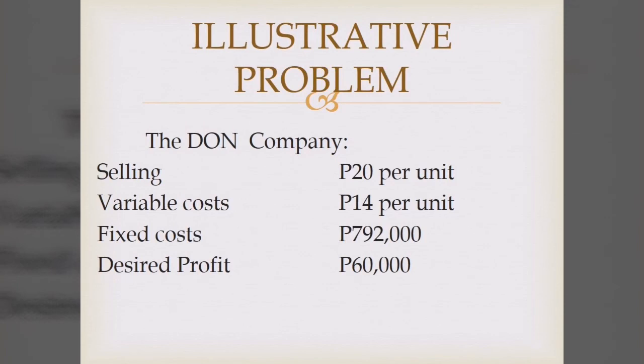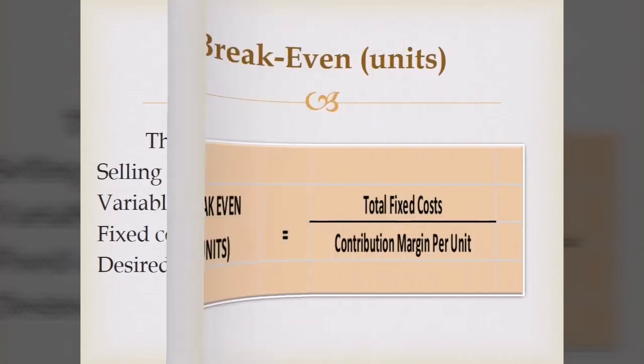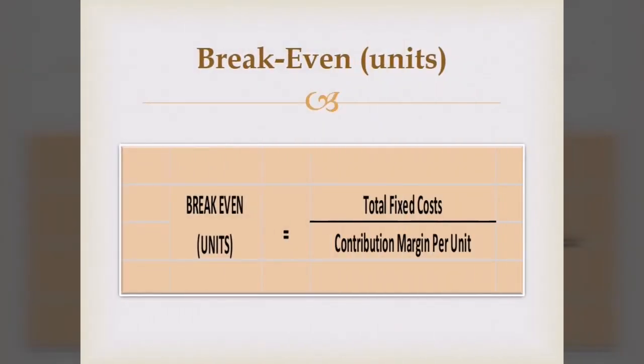Now let's have an illustrative problem. The Don Company. Selling price of 20 per unit, variable cost of 14 per unit, fixed cost of 792,000, and desired profit of 60,000. How do we compute break-even in units?